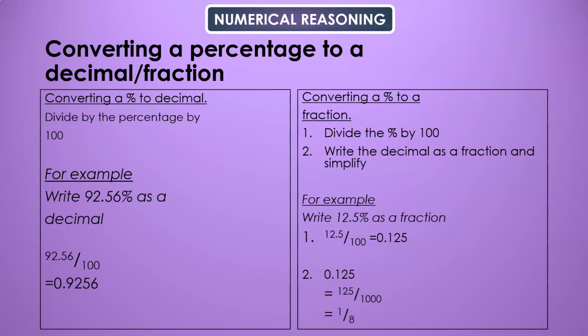So the other thing is working the other way. If I have a percentage and I need a decimal, well, if I multiplied by 100 before to get my percentage, then I just divide by 100. And likewise, if I'm going to take a percentage and turn it into a fraction, then I can do the same as before. Divide by 100 to make it a decimal, then use the decimal as a fraction.